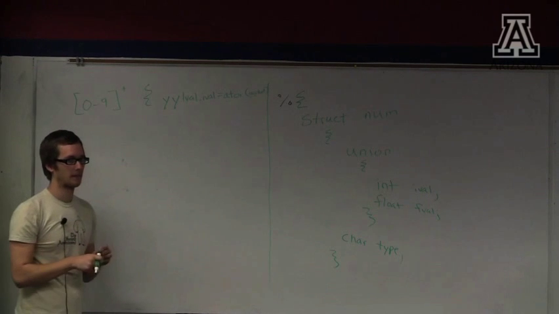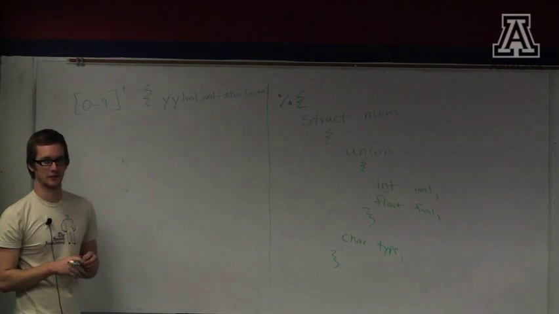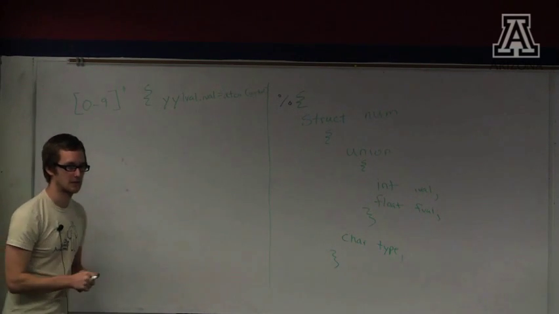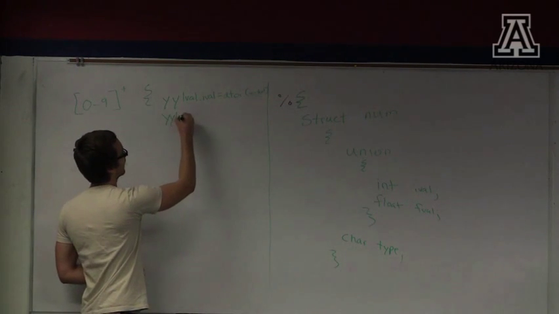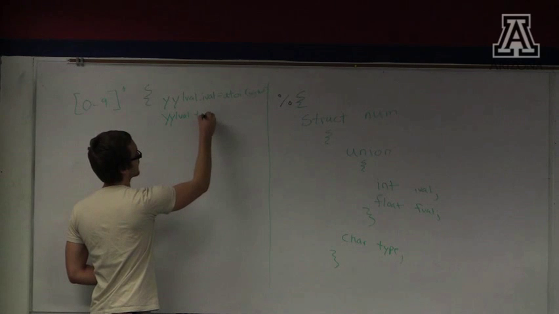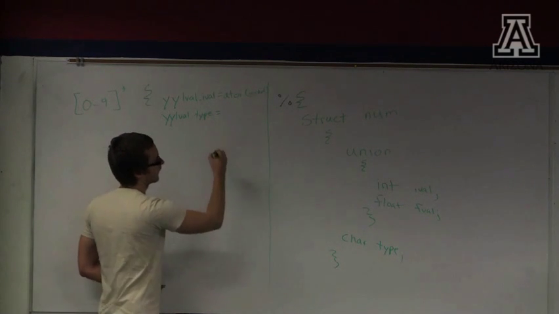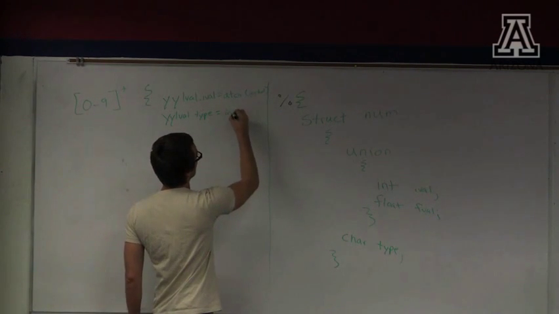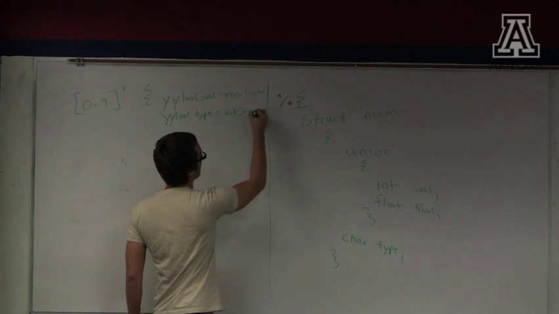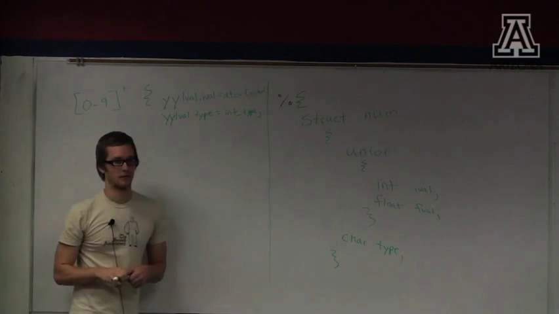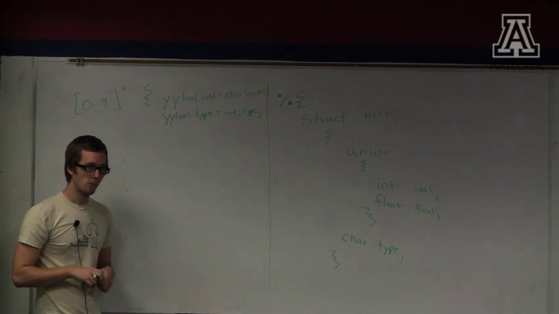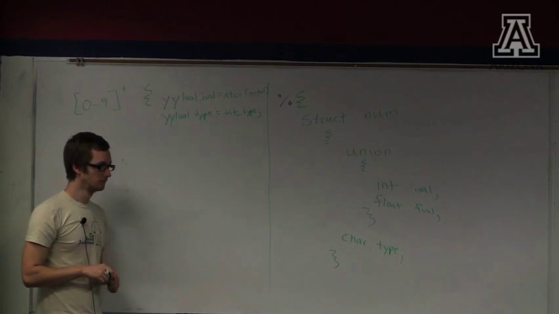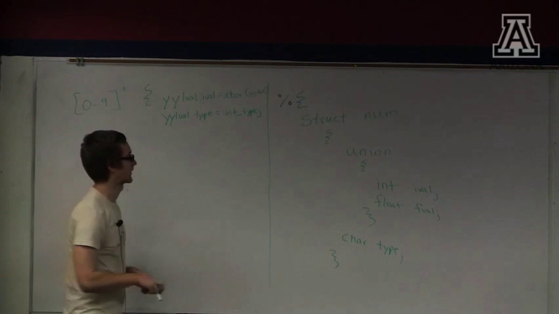And we probably need to do two more things. Good. YYLVal dot type, and what is that? Int type. Good. What else do we need to do? Return the token type. Good.